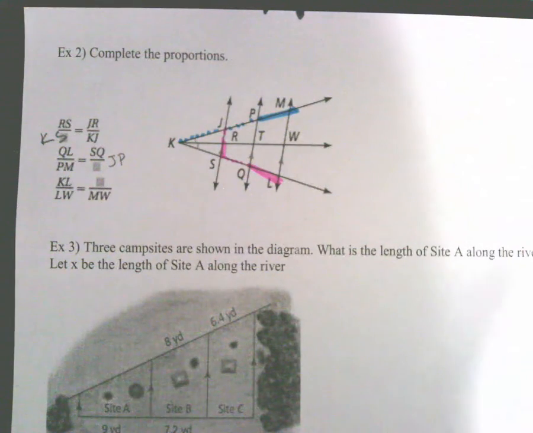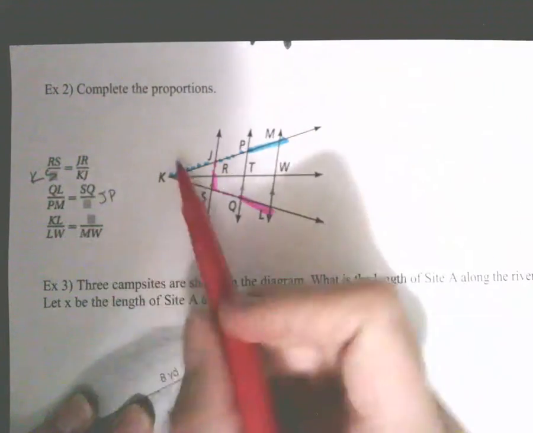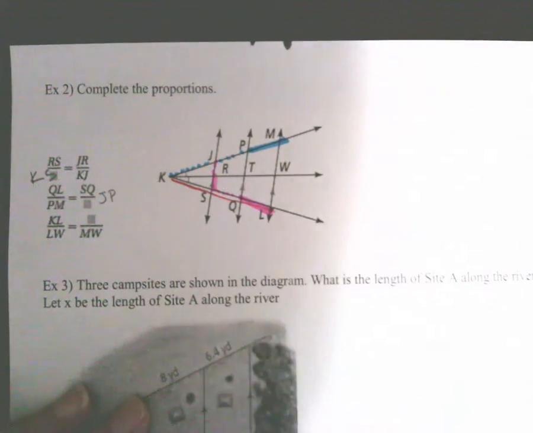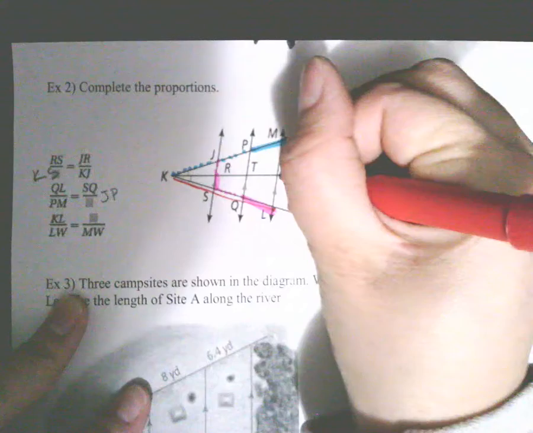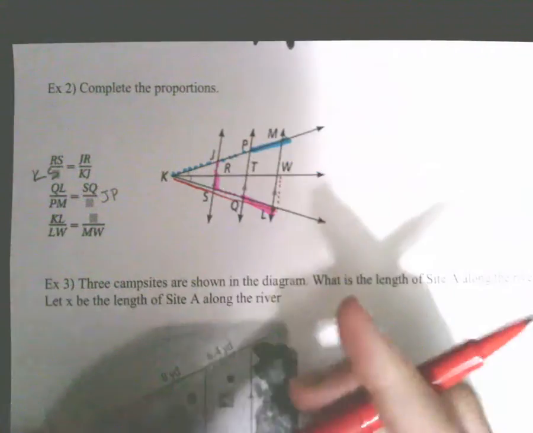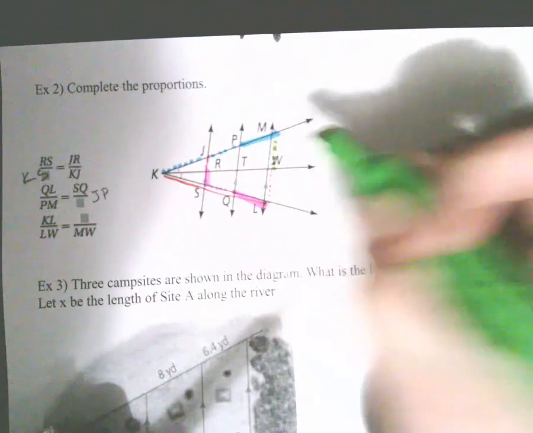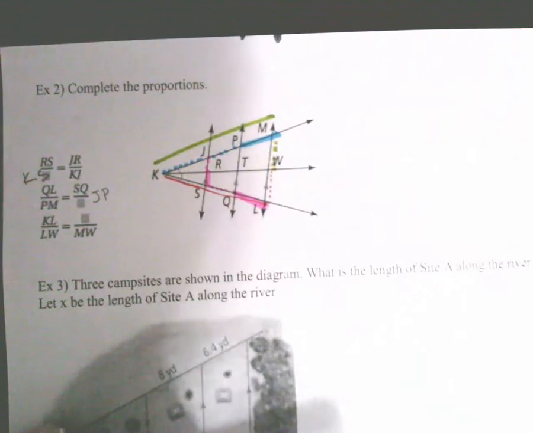So the last one is KL, which is this entire piece here, over LW. So LW is equal to something over MW. So that's going to be this whole piece here, which is called KM.